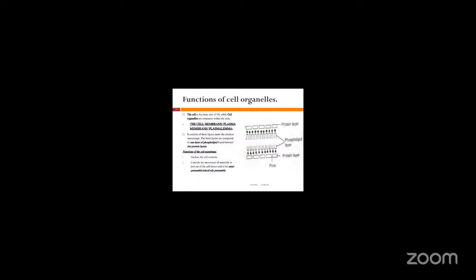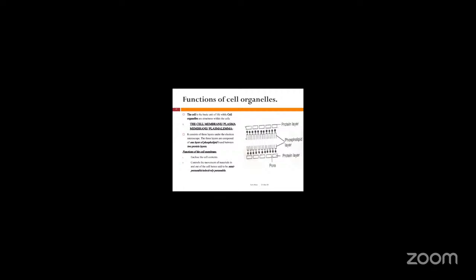So anything that is able to pass through the pore, since it is small, it will pass through and get inside the cell. Anything that is bigger than the pore will not pass through the pore. So therefore, in biology we say if it allows some materials to pass through and others are restrained from passing through, then it is semi-permeable or it is selectively permeable.